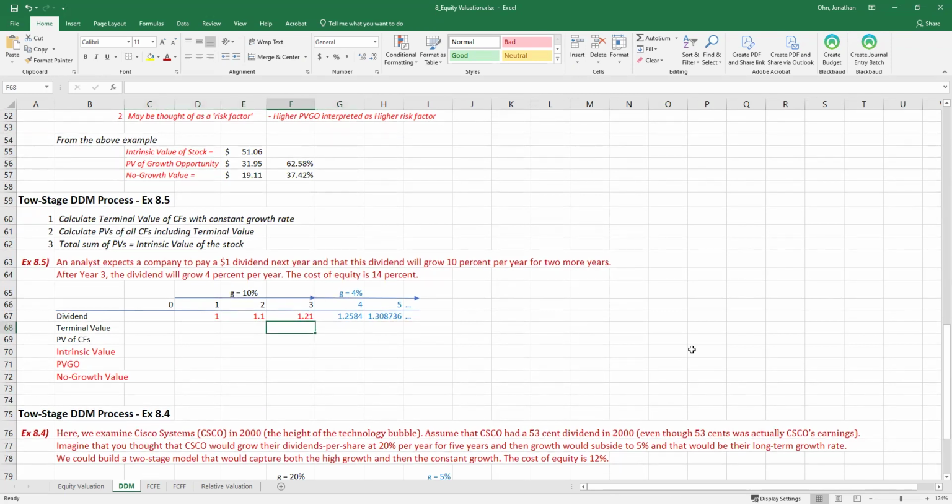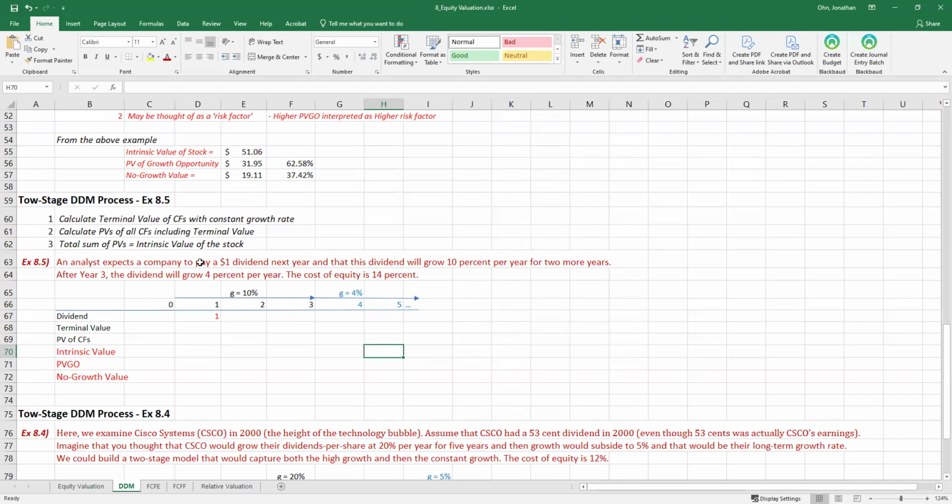So this is what I'm going to do here. Oh, by the way, since the first 3 years are 10% and after that 4%, the first year is not given yet, right? How do you calculate all the dividend cash flows?